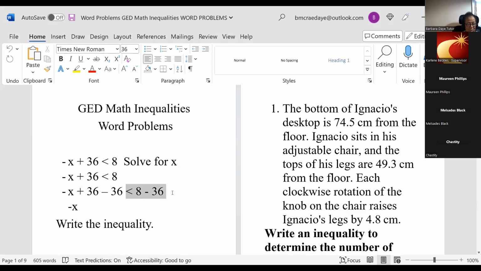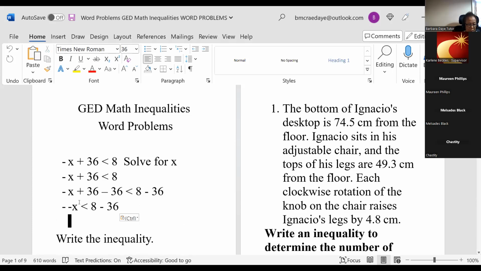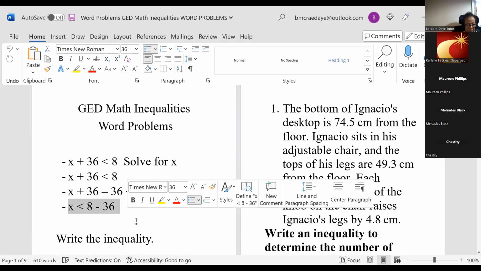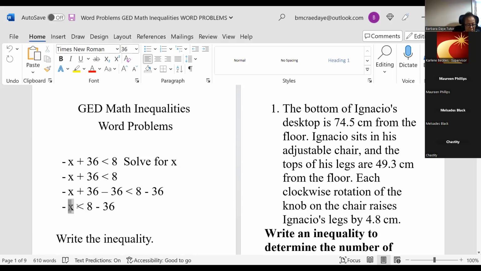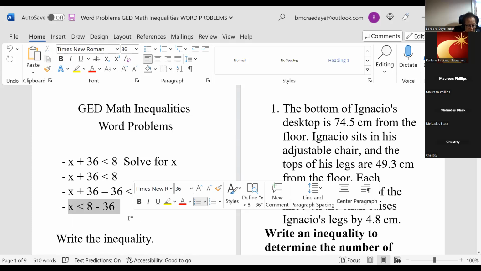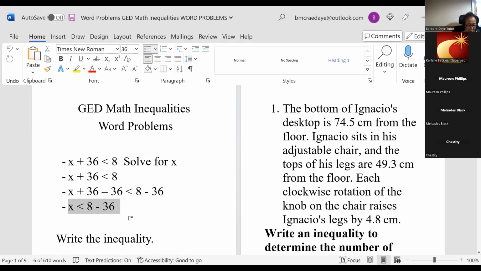So let me just copy that. What's that equal to, Mercedes? 8 minus 36. What is that equal to? That would equal 28.